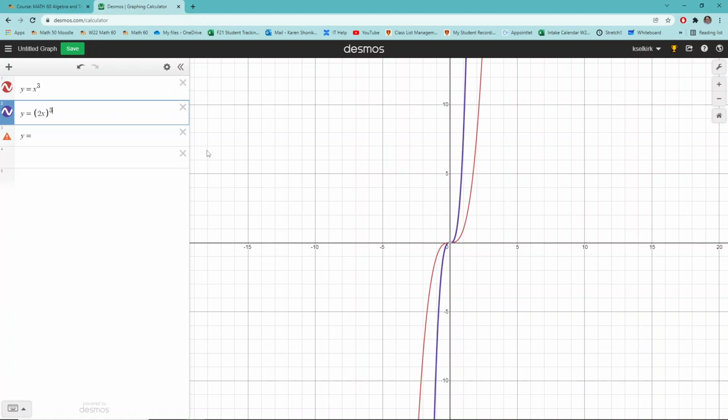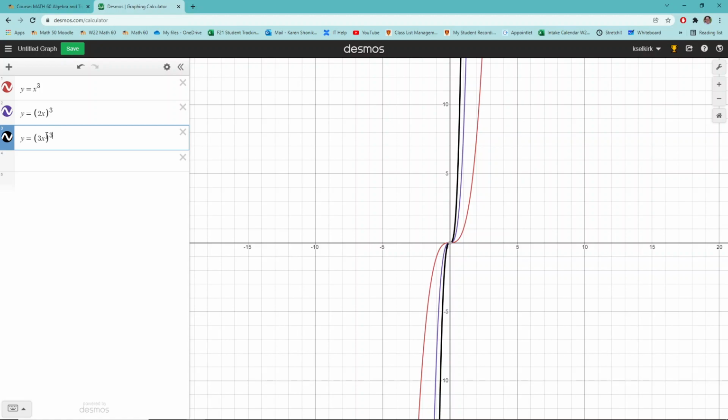Hopefully you're all saying shrink. In fact, if I put any value for b greater than 1, so let's put in a 3, it gets even more shrunk. So the larger my value for b is getting, the more my graph is shrinking or getting closer and closer to the y-axis. Does that make sense?